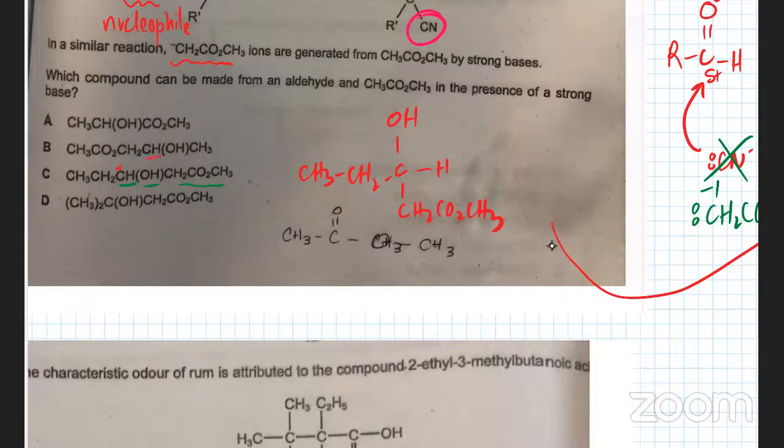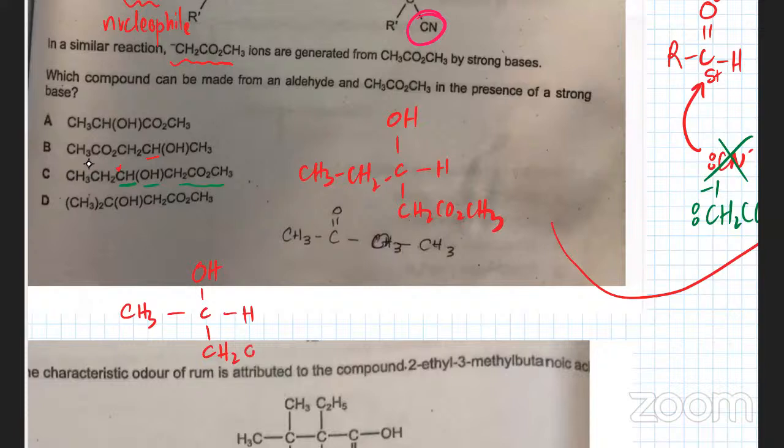You've got CH3. Okay. As B, you've got a CH3, you've got a CH, and it's got an OH as well. I'm drawing it in reverse. You got a CH, it's got an OH as well, and you got a CH2, and then a CO2 and a CH3.